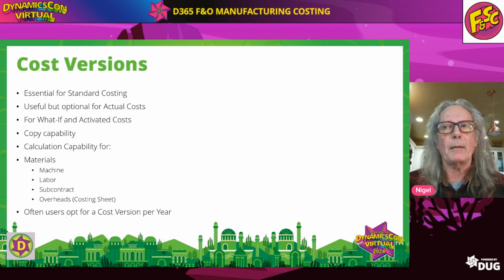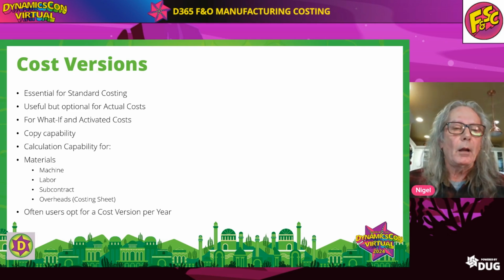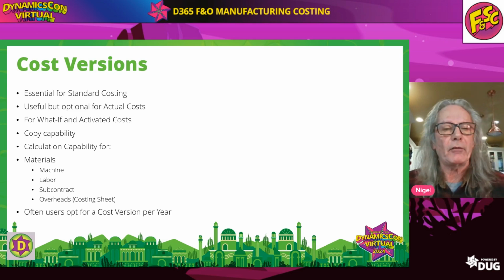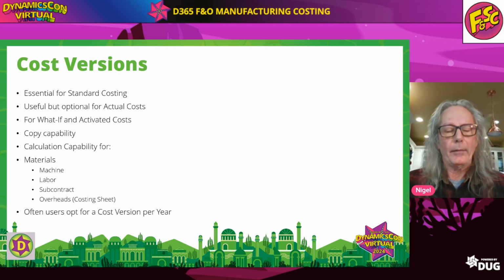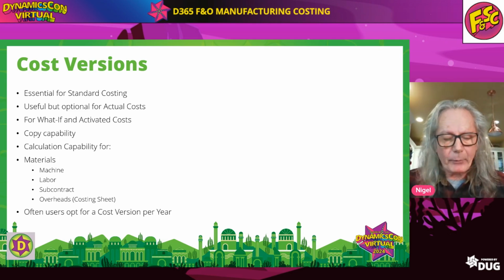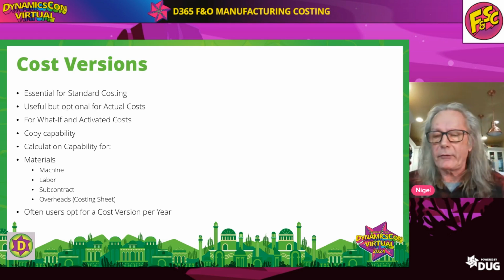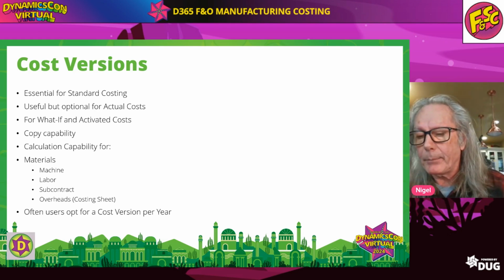So you can use what they call a planned cost version, where you're just playing, right? What would the cost be if? And you could change overhead rates and so on and so forth. There is a copy capability. So I can say, take last year's costs, copy it to this year's costs, but up it by this percentage.